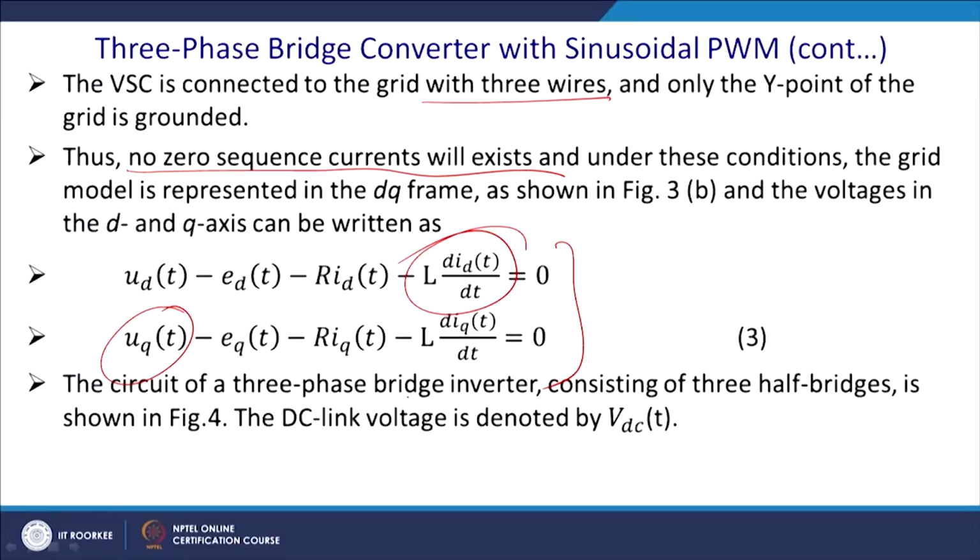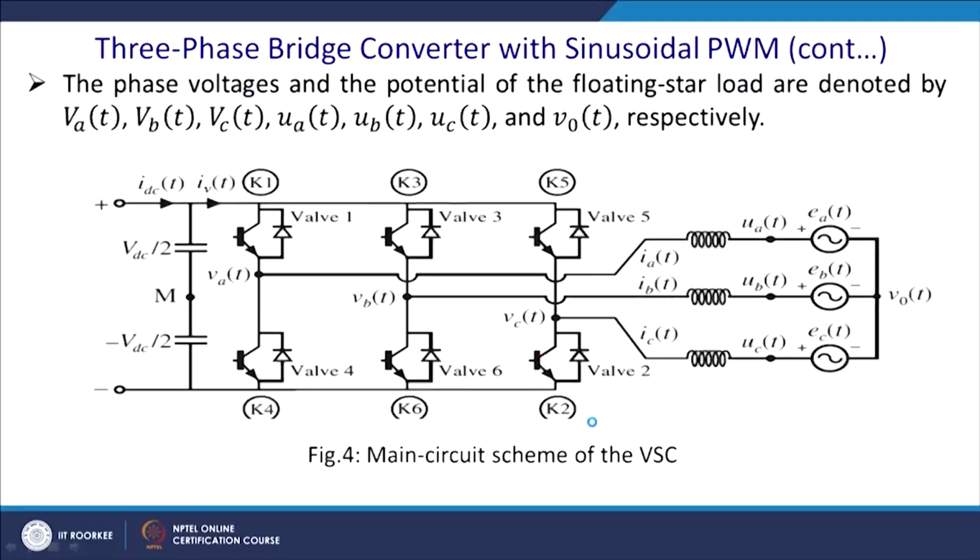The circuit of the 3 phase bridge converter consisting of the 3 phase half bridge will be shown in the next figure 4, and let us see that figure. So, this is VDC by 2 and this is VDC by 2, and it can handle bidirectional power flow.